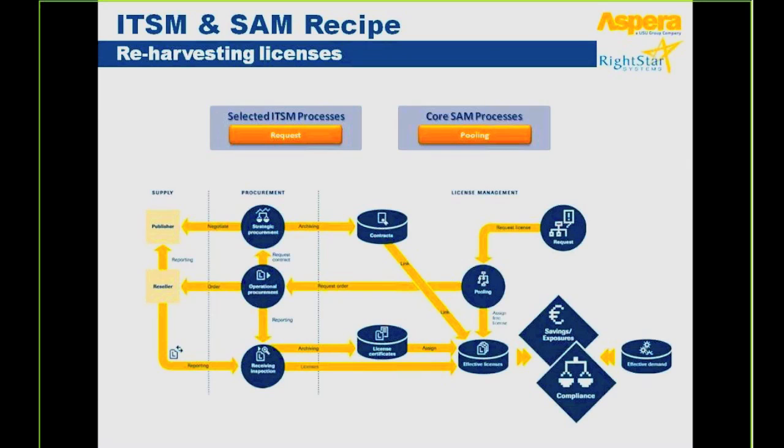Once you reharvested the license, this could trigger your deployment mechanism. So actually SAM would trigger the deployment based on the decision, yes, we were able to reharvest software, we have the license, and now you can go on and distribute the software on the server or on the end user device.